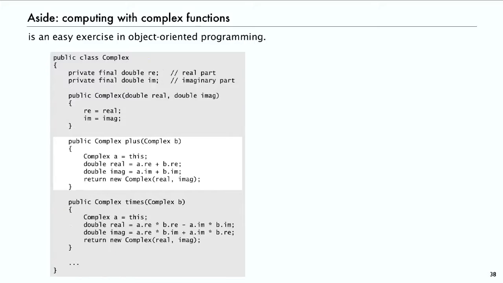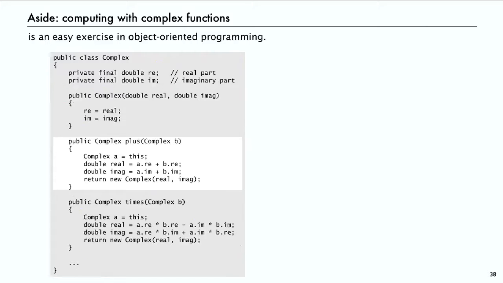So if I'm a complex number and I want to add another complex number b to my value, then I can take my value as a. That's what that complex a this means, and I can compute the real part by adding a's real part and b's real part, and the imaginary part by adding a's imaginary part and b's imaginary part.